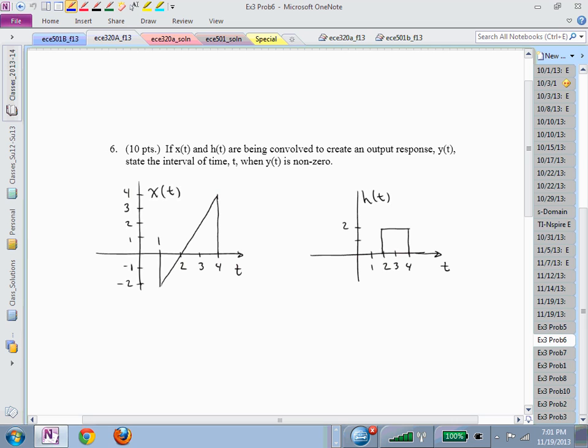Then how long is it going to sing? When's the last time you hit it? What did you do? You basically just added 2 and 1 to get 3, and 4 and 4 to get 8, right?